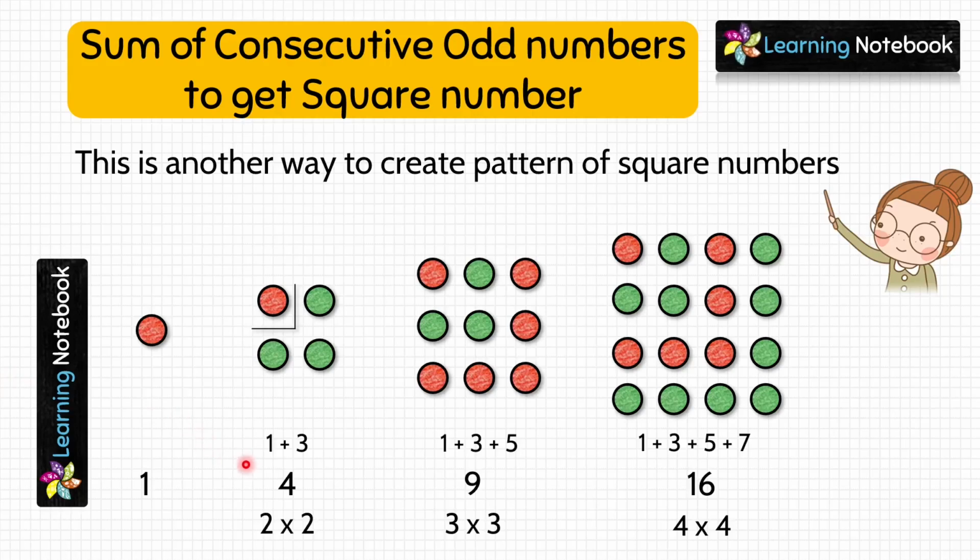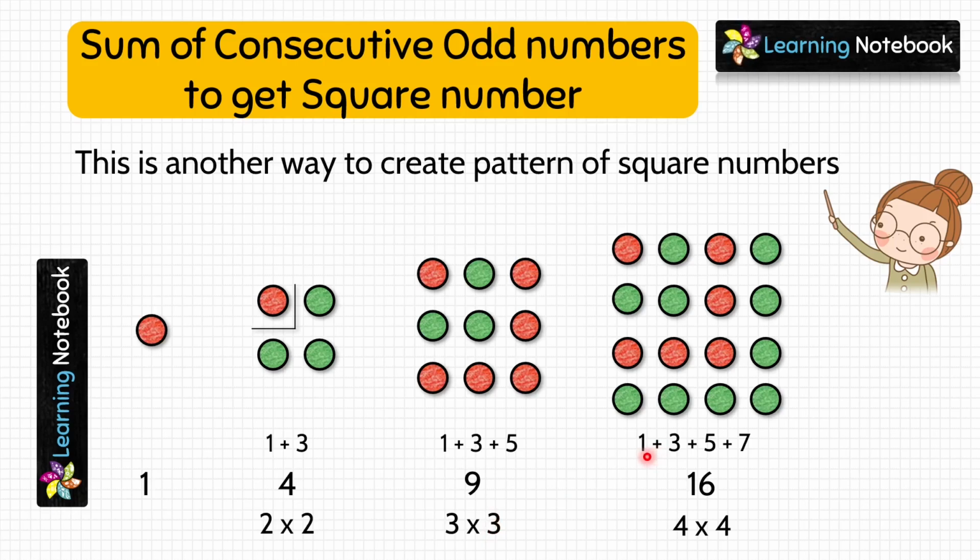And this 16 also equals 4 into 4. Now students, look here. These are the first 2 consecutive odd numbers, 1 and 3. So here we have 2 into 2. Next, here we have 3 consecutive odd numbers. So we have 3 into 3.